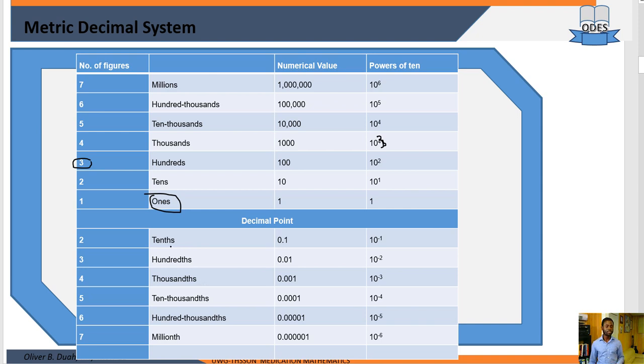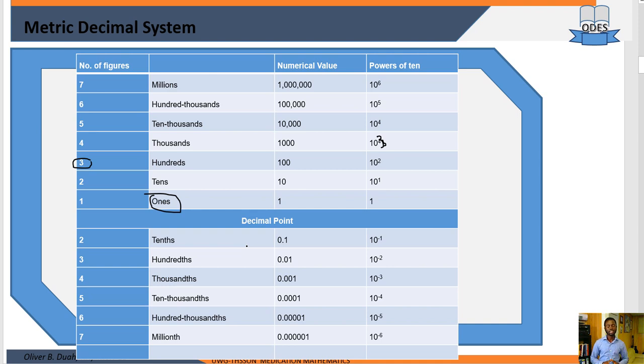So the only difference is instead of tens, now we have the THS, which is tenths, and this means that you have 1 figure after the decimal point. Okay, so when you are doing your calculations and we say leave your answer to the tenths, it means that leave your answer to 1 figure after the decimal point. And this is 10 to the power minus 1.